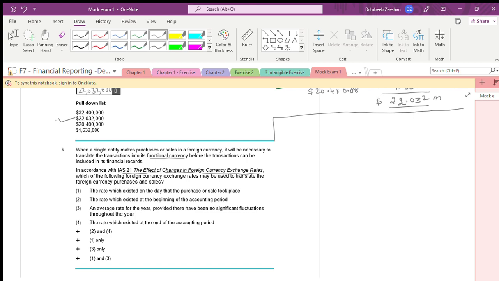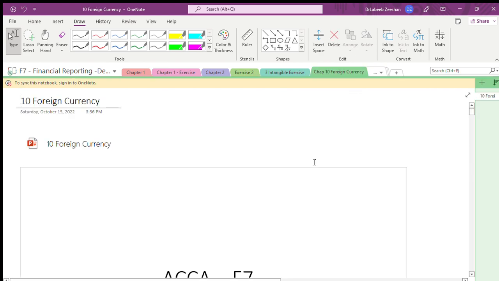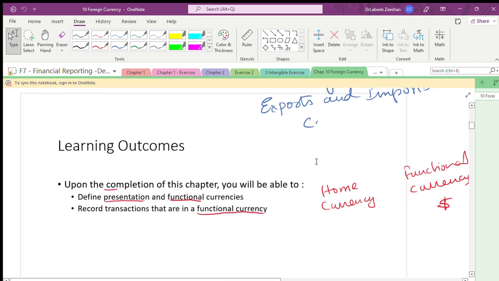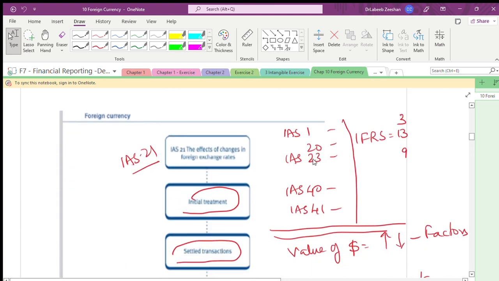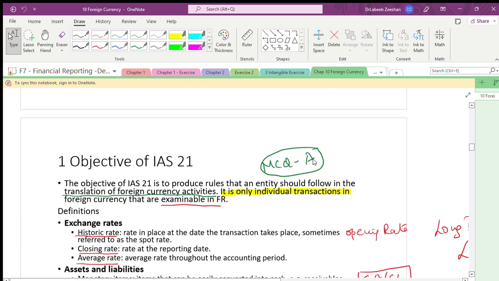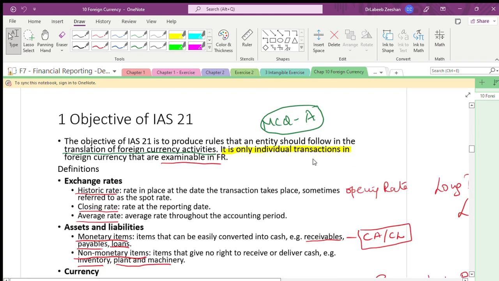Now, where is the foreign currency? Foreign currency is here. What are the rules of foreign currency? Exchange rates. We have taken the historical rate.